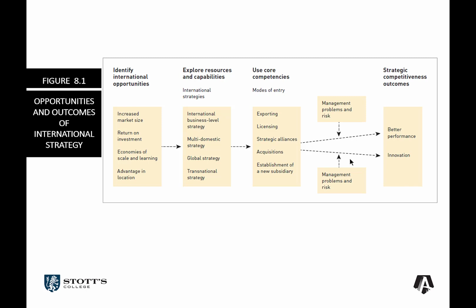Or they can follow one of three international corporate strategies: multi-domestic strategy, global strategy, and transnational strategy. The mode of entry into international markets is through exporting, licensing, strategic alliances, acquisitions, and establishing a new subsidiary, which is a greenfield creation of a new company overseas.